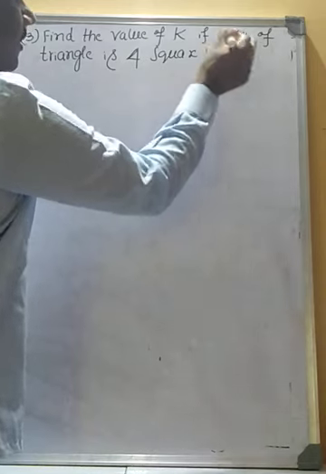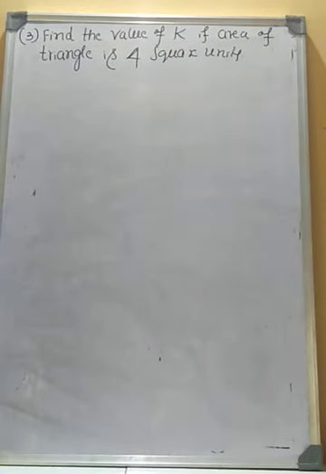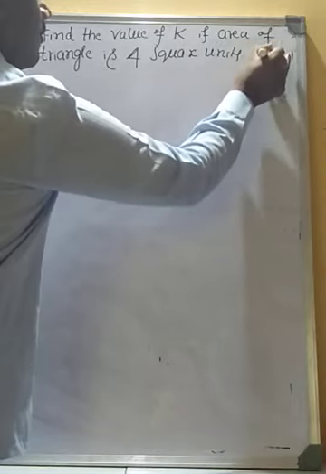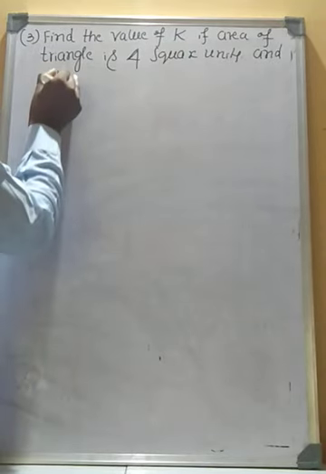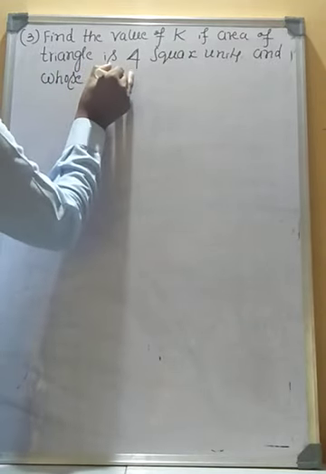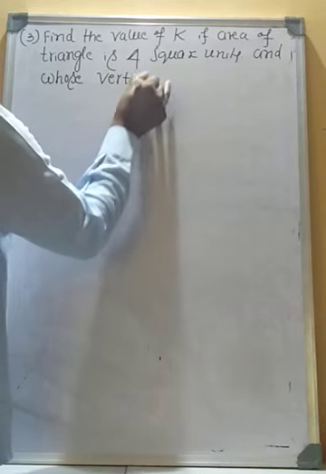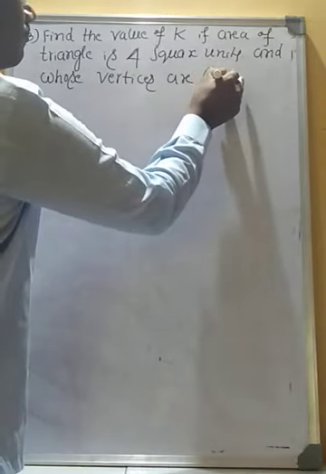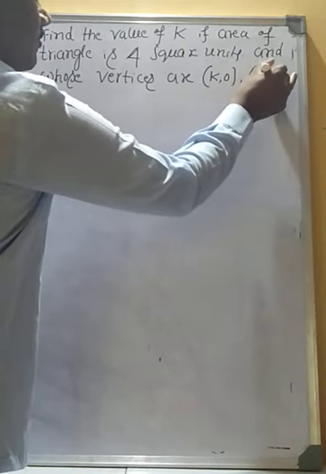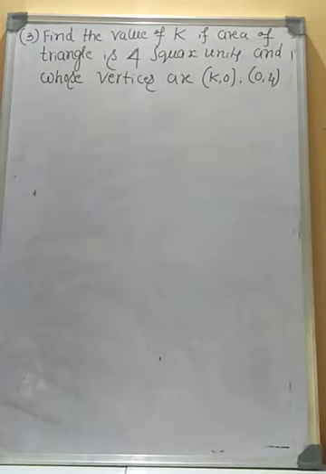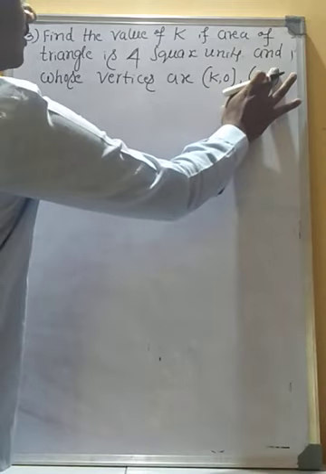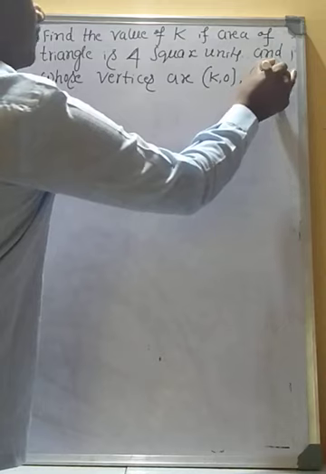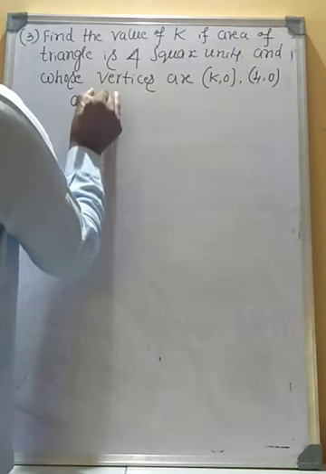Here the area is given. Find the value of k, for a triangle whose vertices are (k, 0), (4, 0) and (0, 2).